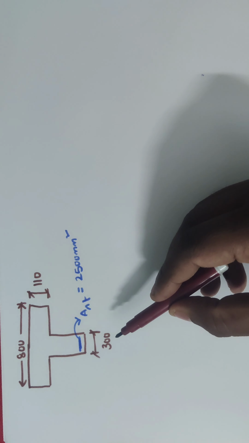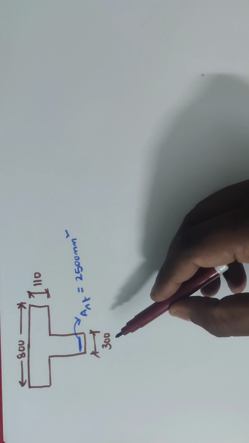300 into XU we need to determine, plus 0.45 FCK 20, breadth of the flange, which is 800, minus breadth of the web, 300, multiplied by depth of the flange, 110, that is equal to 0.87 Fy value 415 into area of the steel 2500 mm square.